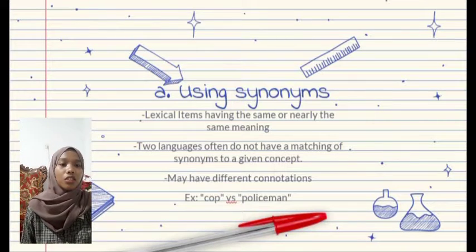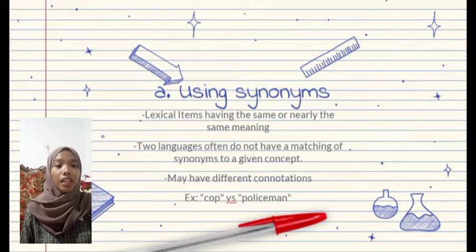Lexical items having the same or nearly the same meaning. Two languages often do not have a matching synonym for a given concept, or may have different connotations. For example, cop and policeman. Cop has the same meaning as police, but the word is spelled differently.